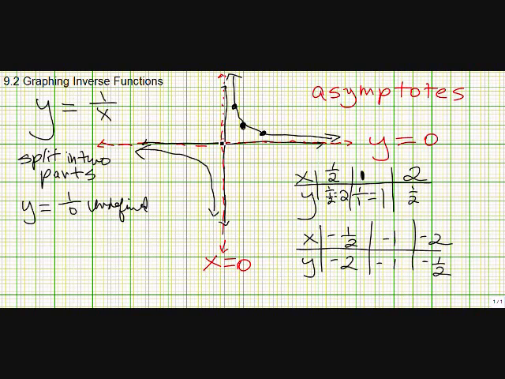So I have the points over negative 1/2 and down negative 2. Left 1, down 1. Left 2, down 1/2. There are those 3 points that will help you graph that lower left side. You'll notice this little locator point is always the same for the x and the y, because the locator point is on the y equals x line. So that kind of helps me get this little locator point.